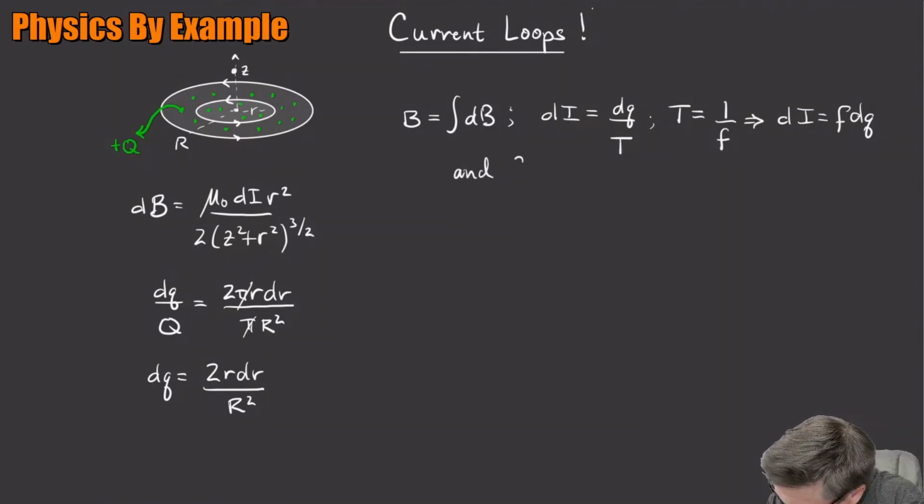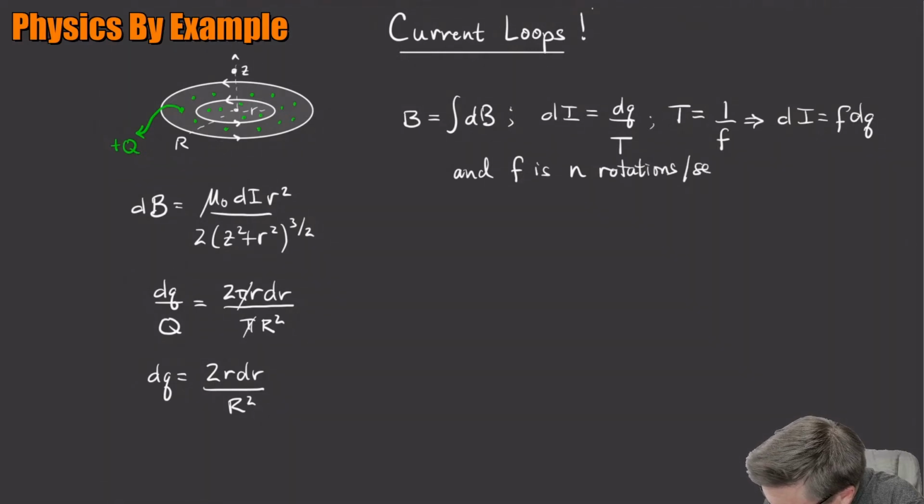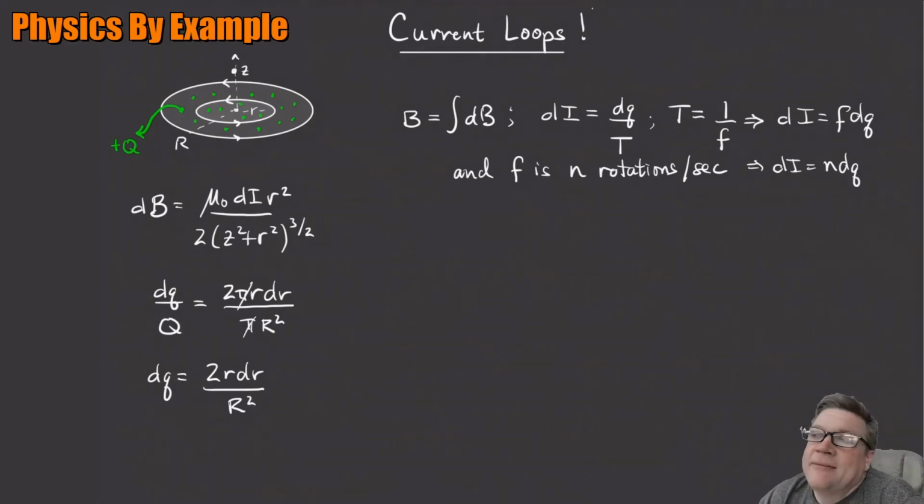And the frequency is n rotations per second. Sometimes I've seen in some places they call it f, the frequency. Sometimes they'll call it little n rotations per second. But whatever, they mean the same thing. So di is n dq, just the number of rotations per second times dq. Okay.